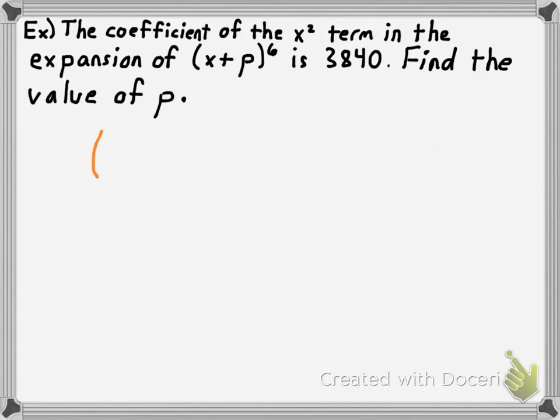We're going to get 6 choose 4, times x squared times p to the 4th power.